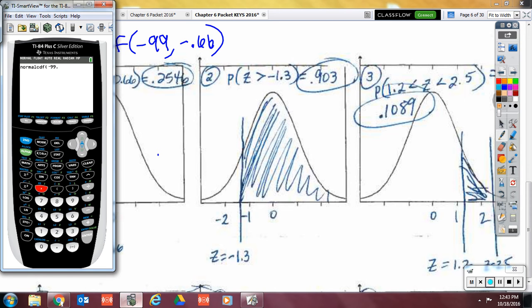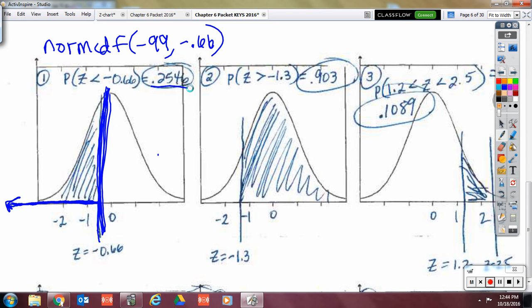So we type in the upper bound of negative 0.66. If you have a menu and you have the mean and standard deviation, leave them as 0 and 1, as they are automatically that way right now. Leave those this whole year as 0 and 1. Hit enter and voila, you get 0.2546, which is the area that you found whenever you did this on your chart.